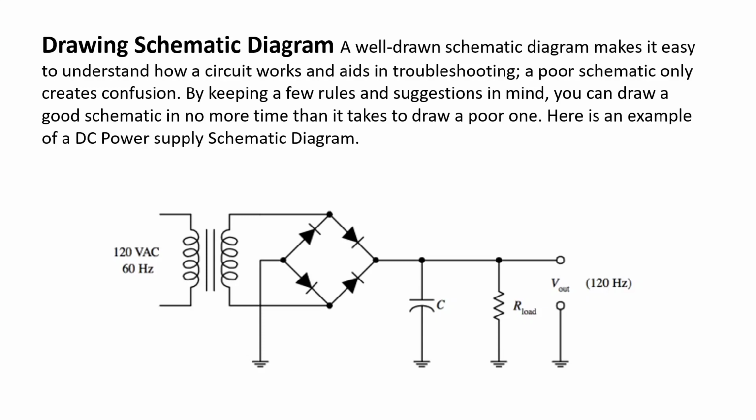Here is an example of a DC power supply schematic diagram. So, do you understand the diagram given? It says here it has 120 with a 60 kilohertz. Okay? So, what is this two coil? Transformer. Do you still remember? The two coil here is the transformer.